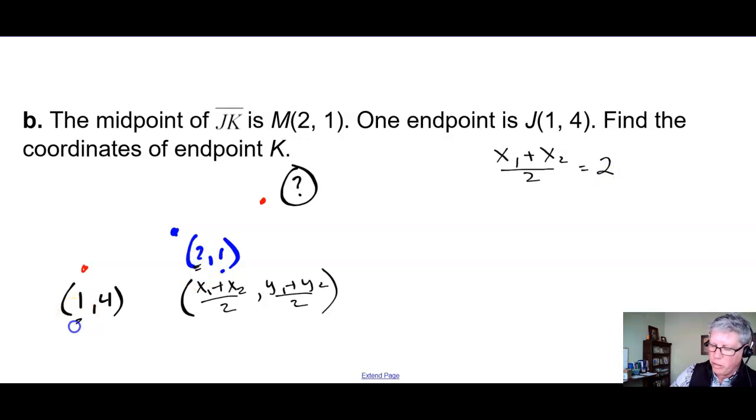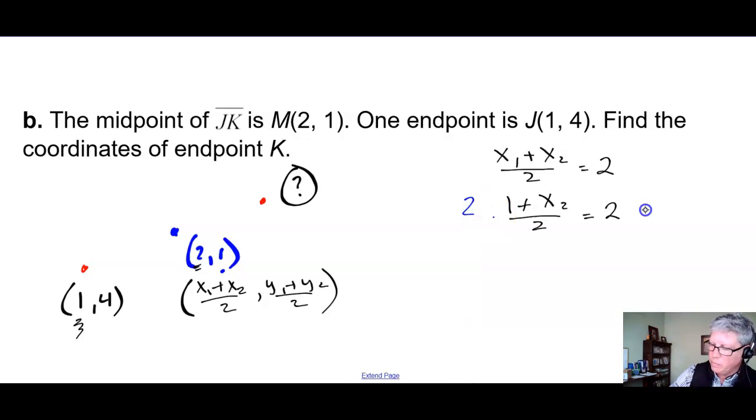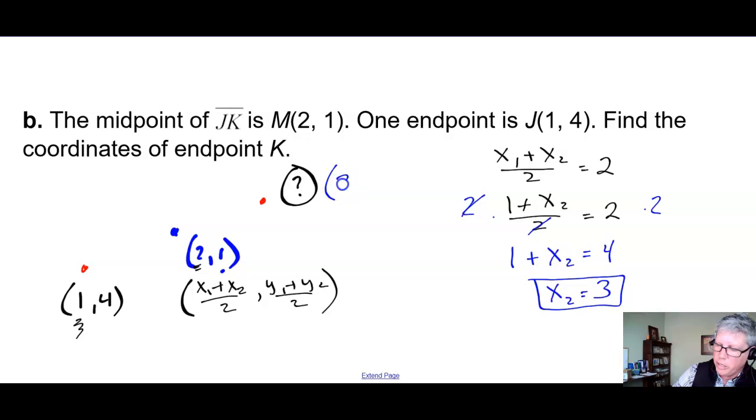Now, do we know one of the x coordinates? You bet, it's 1. So we'd say 1 plus x2 over 2 is equal to 2. I could multiply both sides by 2. That cancels that. So I get 1 plus x2 equals 4. Subtract 1. I get 3. So I know the coordinate here is 3.